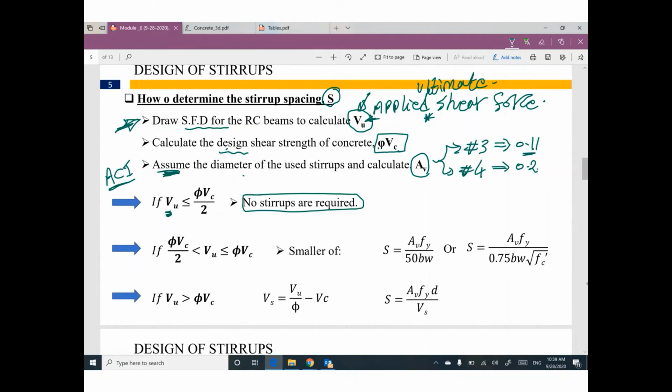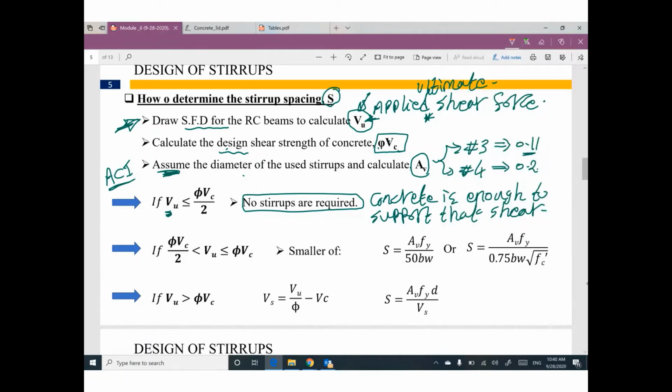Concrete is enough to support that shear. We don't need to put stirrups. Your decision, no stirrups are required. Concrete will be enough.